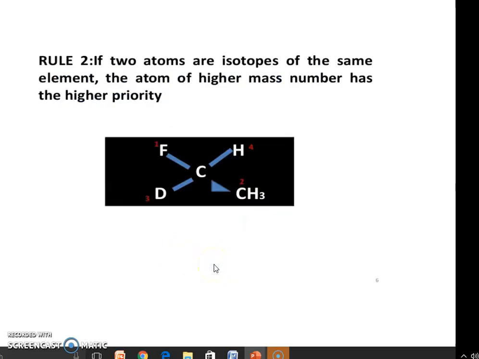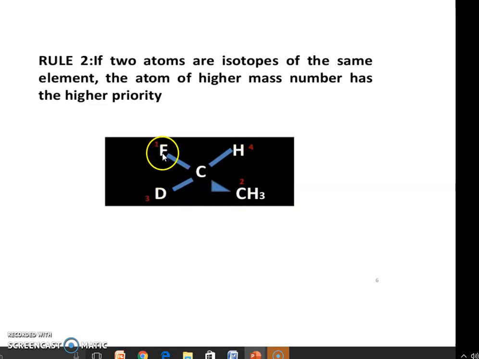And according to rule 2, if two atoms are isotopes of the same element, then the atom of higher mass number has the higher priority. Instead of atomic number, the mass number is taken into account. For example, this is a carbon bonded to a methyl group, fluorine, hydrogen and deuterium.